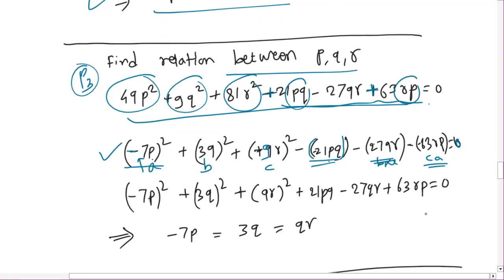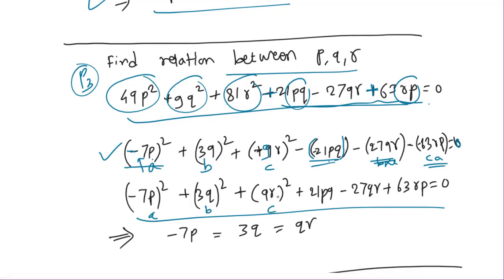So if you solve this further, what we get is this equation, which is in the form a square plus b square plus c square minus ab minus bc minus ca. And then we can conclude that minus 7p is equal to 3q is equal to 9r.